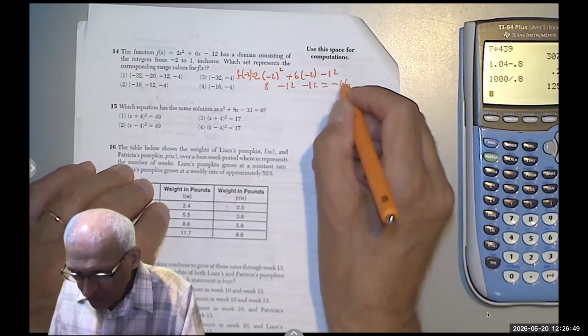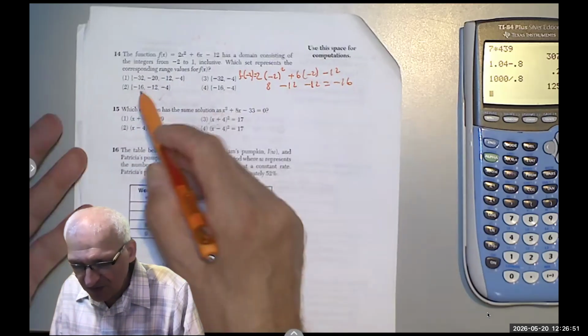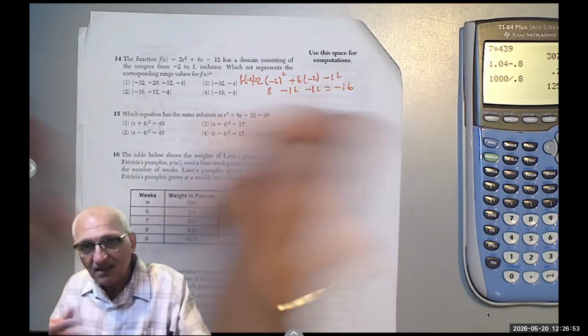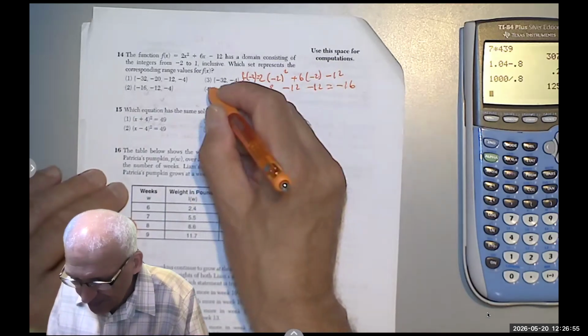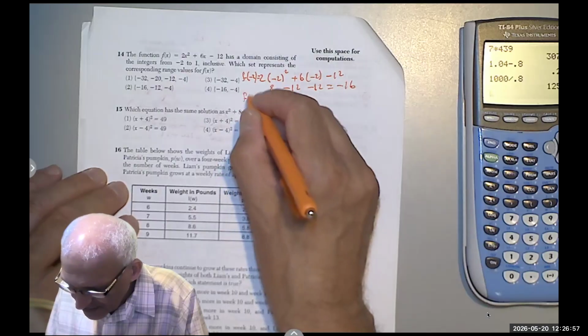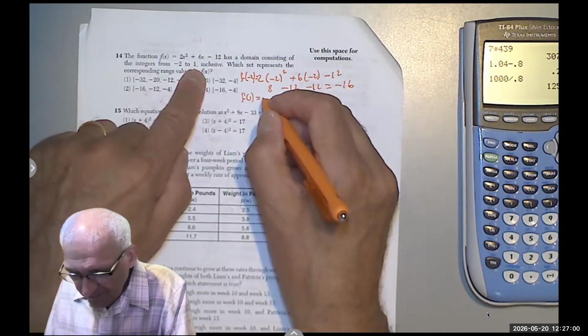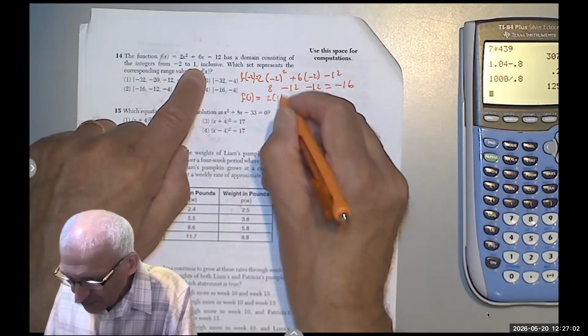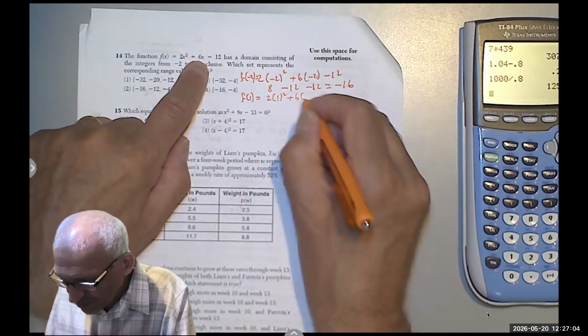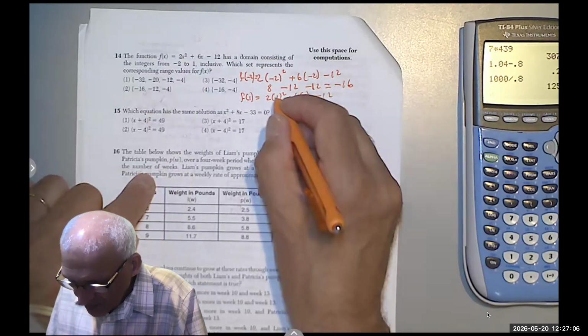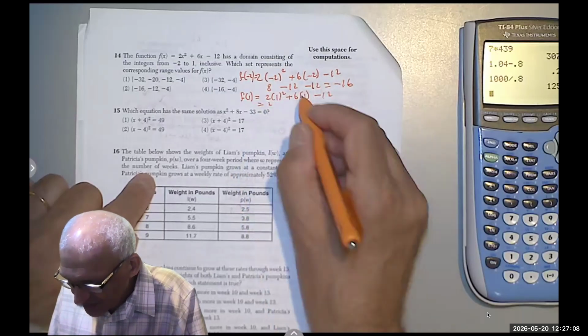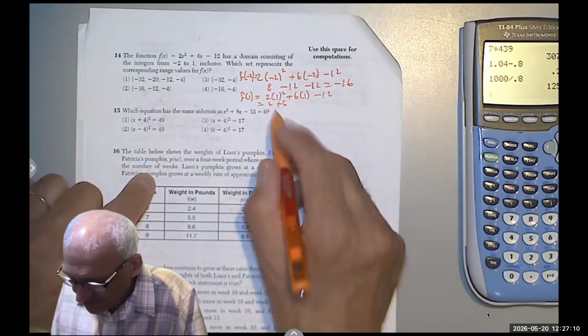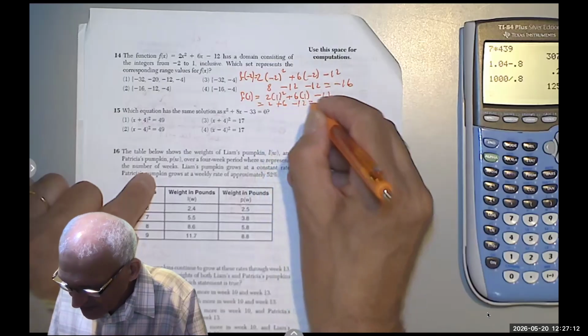This is a continuous function, so it has to be the one with 4. Well, just to be on the safe side, you do f(1). So 2 times 1 squared plus 6 times 1 minus 12. 1 squared is 1, times 2 is 2. 6 times 1 is 6, for a total of 8, minus 12 is negative 4.